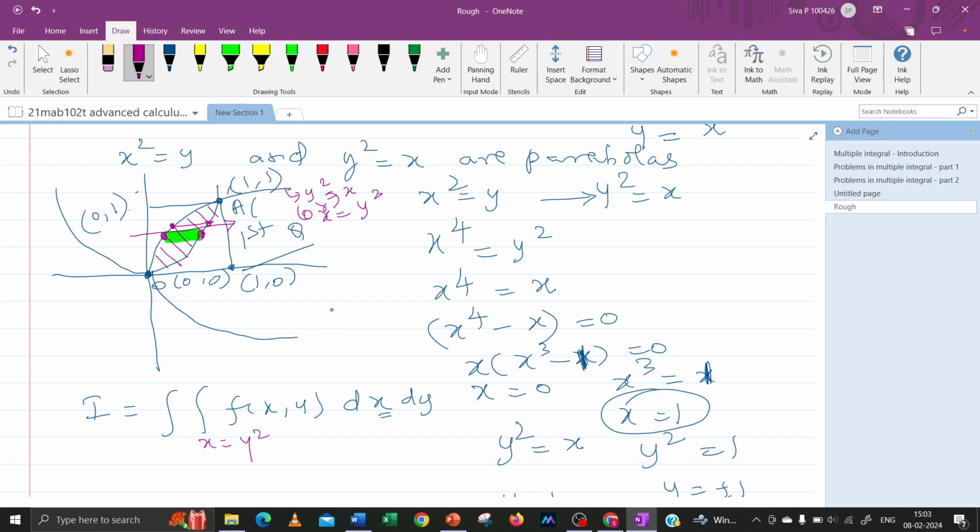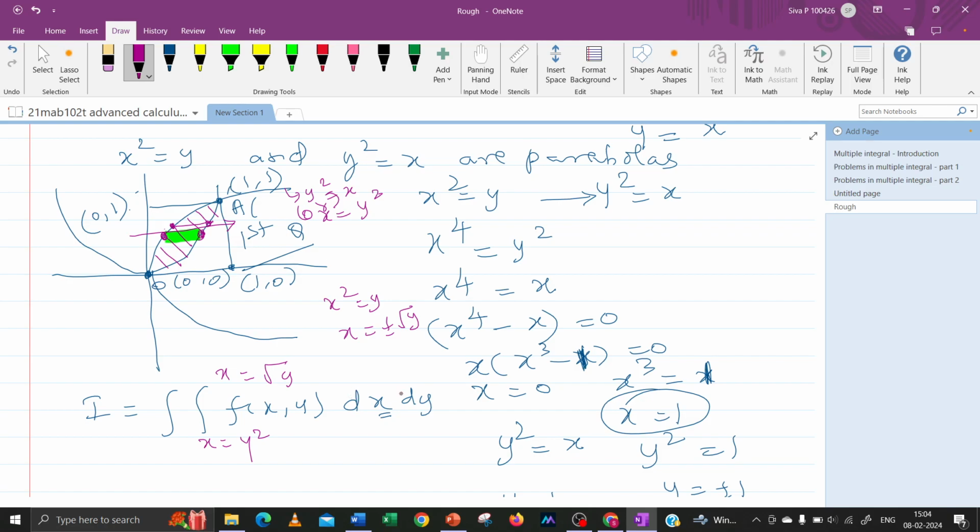That means x equal to plus or minus root y, but it is on the positive side, therefore we can take only the positive value. So x equal to plus root y. This is the way to write the limits of the inner integration.